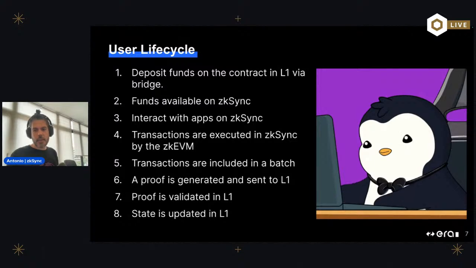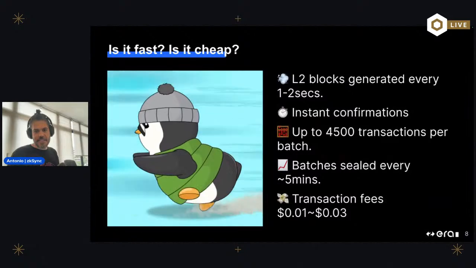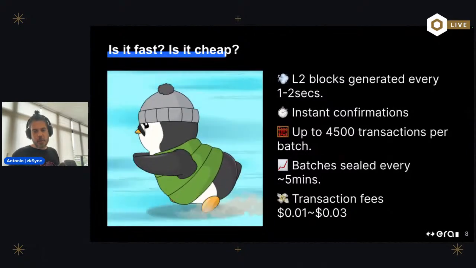And this process of bundling transactions together, generating a proof, sending it to L1, and updating the state is happening constantly. How fast it happens depends on the activity of the network, but more or less, L2 blocks are generated every 1 or 2 seconds.